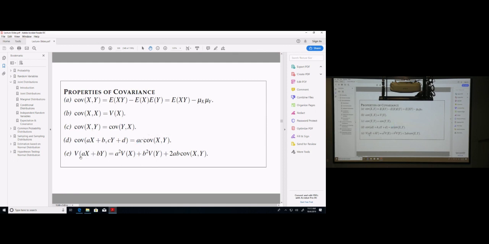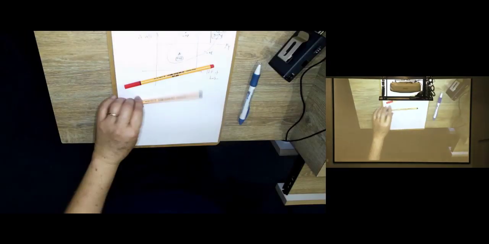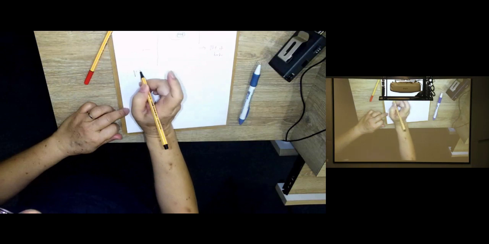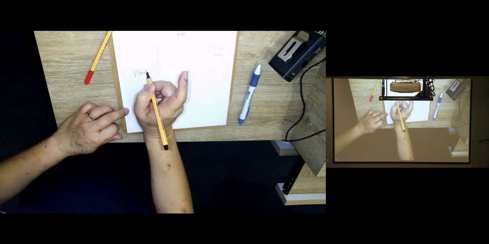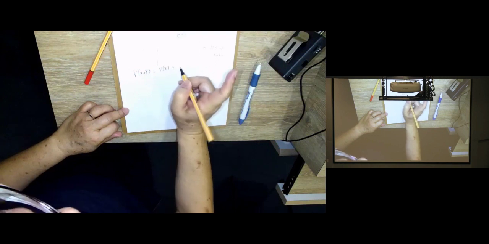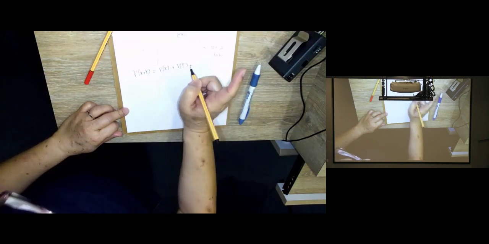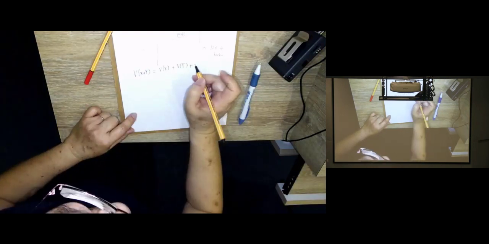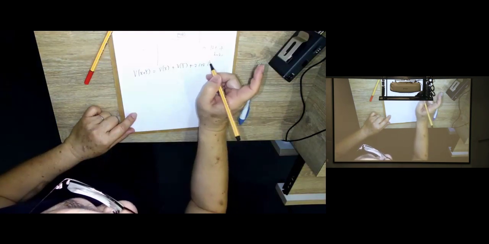Okay, now we have the variance of AX plus BY equal to this. Maybe I choose a specific A and B because in itself it is also interesting. This would be the variance of X plus the variance of Y plus 2 times the covariance of XY.